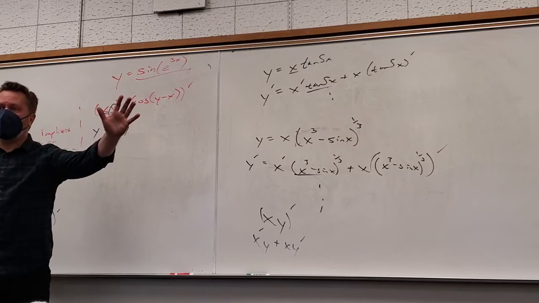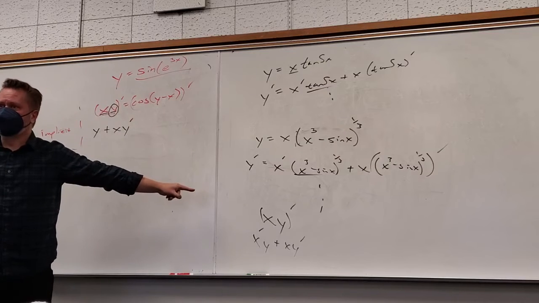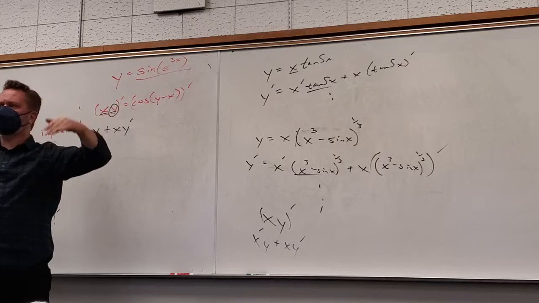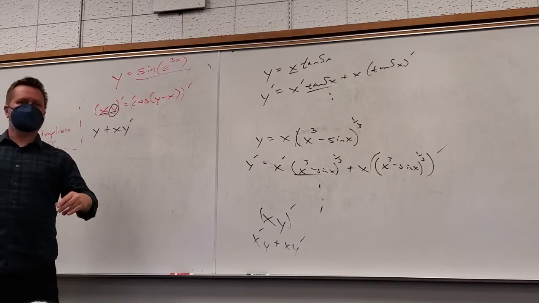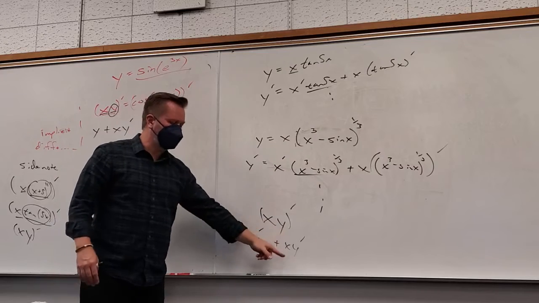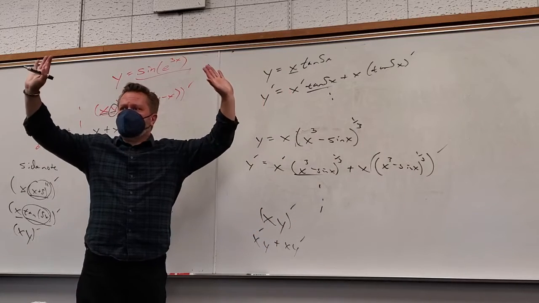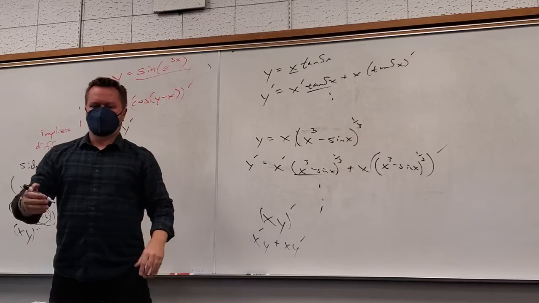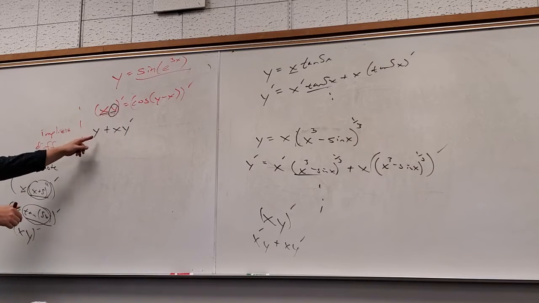No matter what y was, we would do that. So this is just capturing that idea. What's really weird is, this is harder because I have more to do. This is easier, because what's y prime? Y prime, I can stop there. But it's different.